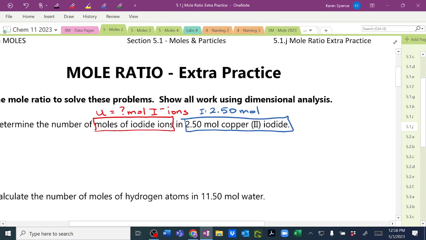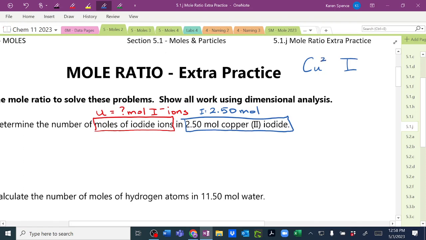See if you can write the formula for copper 2 iodide. What charge is copper? 2.